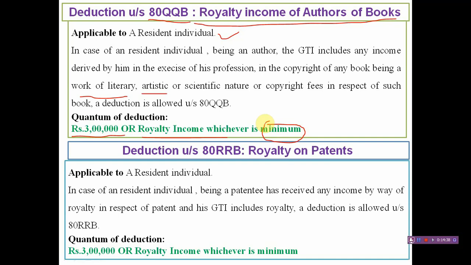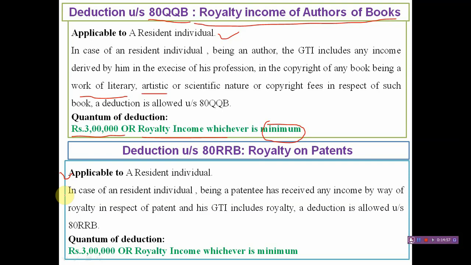The next one is deduction under section 80RRB. It is also in respect of an income, that is royalty on patents, and it is also applicable to a resident individual.